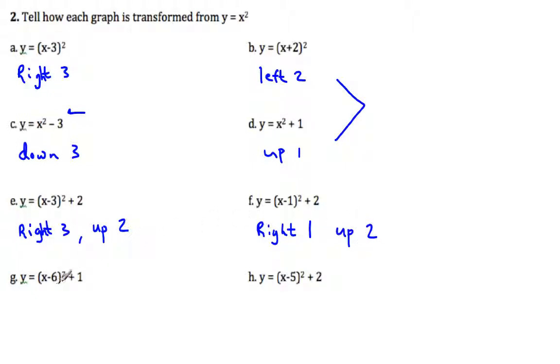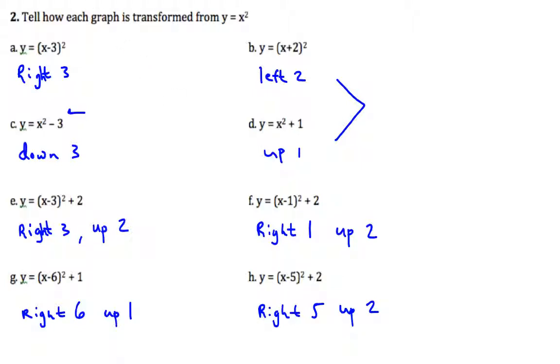X minus 6 squared plus 1, this moved right 6 and then up 1. And x minus 5 squared plus 2, this moved right 5 and up 2. So that's the idea here.